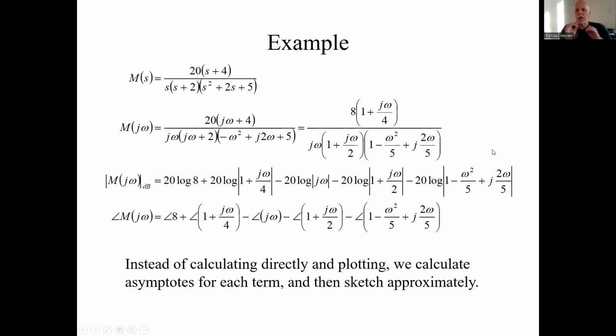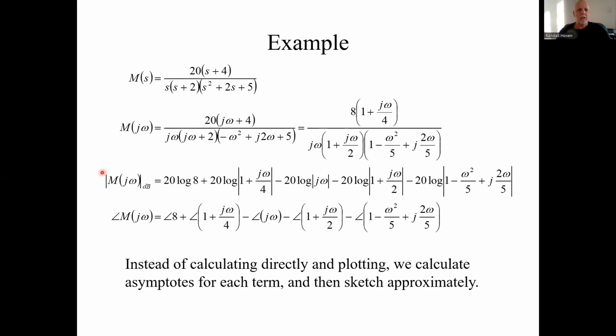And remember, the gain of the overall thing is made up of the gains of the individual factors. Things in the numerator add.